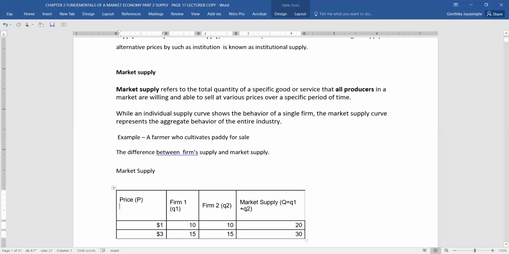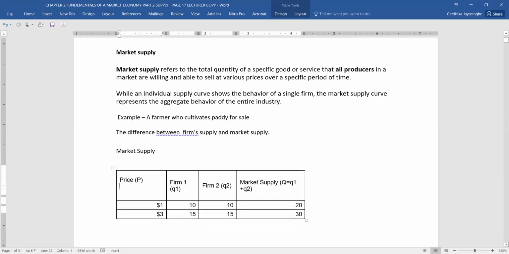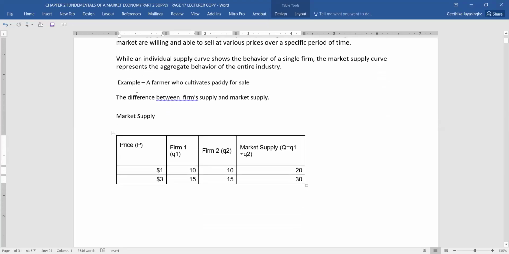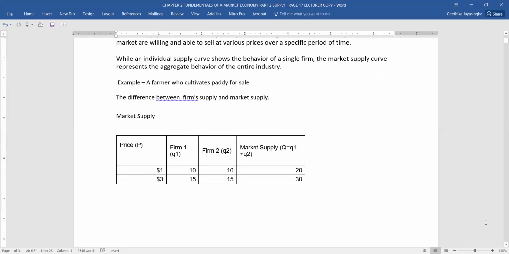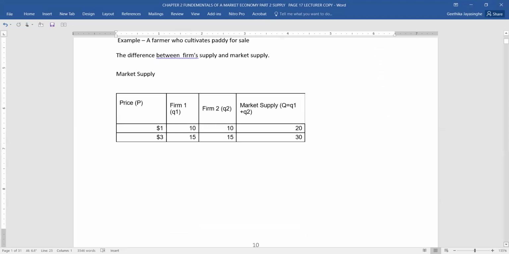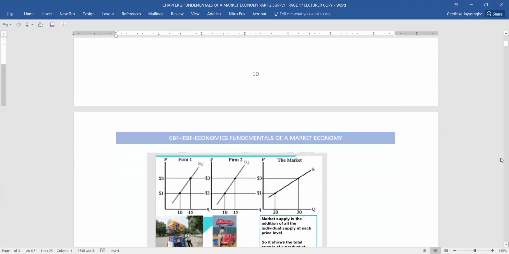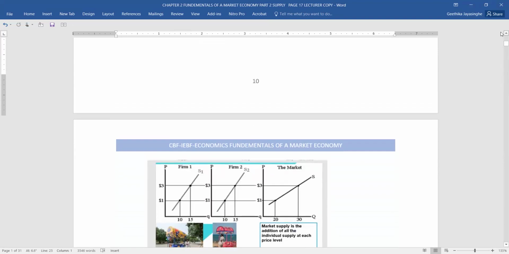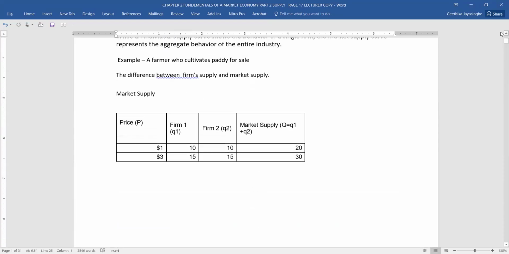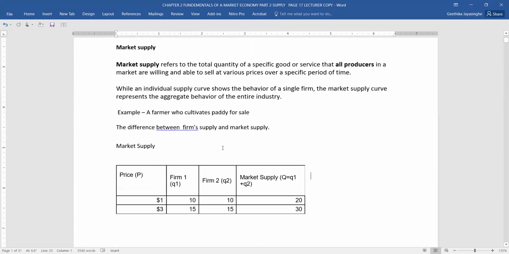Now in your notes, let's write this table. You can make it shorter. In your notes, I need space to draw this table as well as the graph. Let's draw both together. Your pages may be different from mine. Page should be 17, I guess.